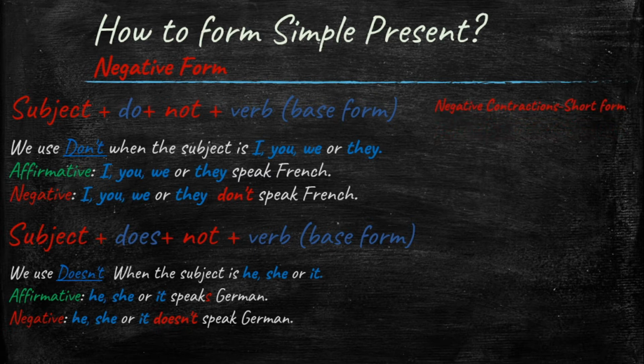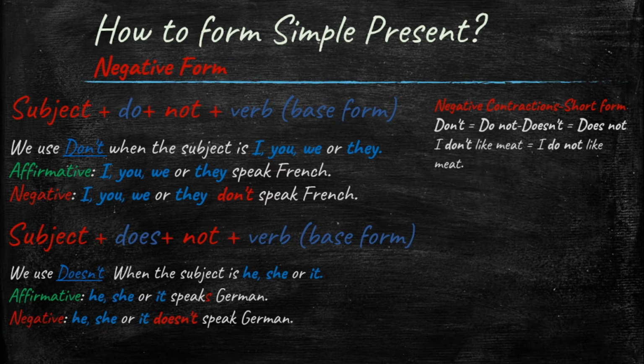For negative contractions or short form, so don't is the short form of do not, and doesn't is the short form of does not. So we can say I don't like meat or I do not like meat. She doesn't drink coffee or she does not drink coffee.